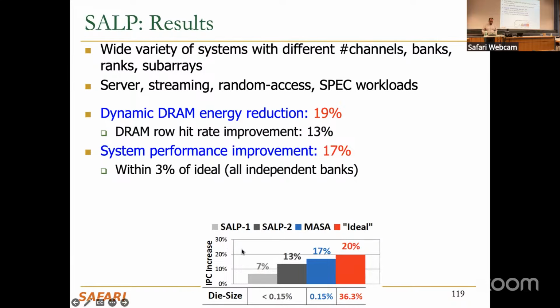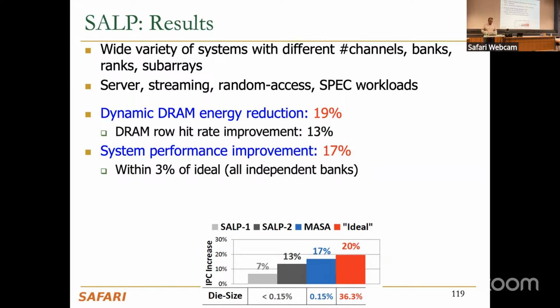Here we show different versions of SALP and also the ideal. In the ideal scenario, we consider that each subarray is a bank. So in order to have zero bank conflict, subarray-level conflict, let's say, you consider that each subarray is a bank. You ideally increase the number of banks to make sure that you can address all these subarray accesses in parallel. That's the ideal case, and you can imagine how costly it is.